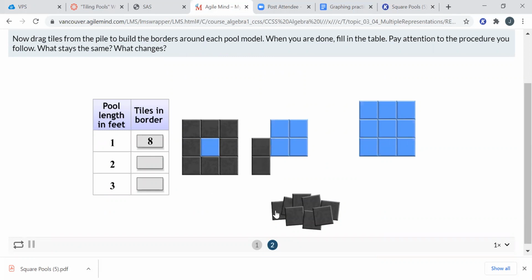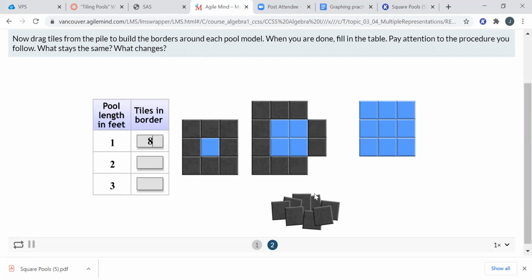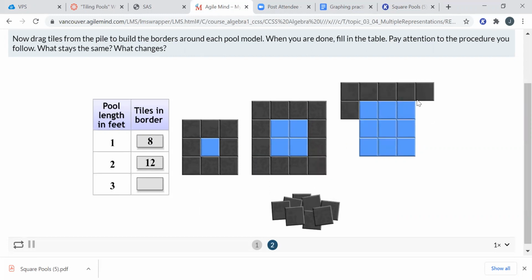1, 2, 3, 4, 5, 6, 7, 8, 9, 10, 11, and 12. It takes 12 tiles to go around the outside of that one. We've done this one before, but I might as well be thorough. So we're trying to figure out how many tiles it takes to go around each of these pools.